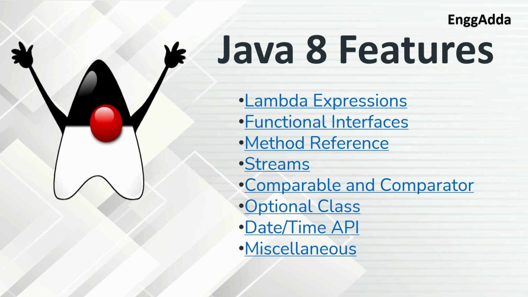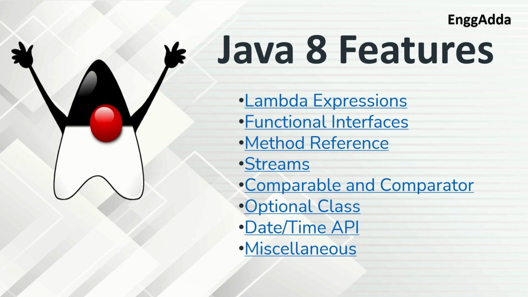Let me go to the next slide and explain each feature one by one in brief. These are the features that we have listed out here: Lambda expression, functional interfaces, method reference, stream API, comparable and comparators, optional class, date and time API, and some miscellaneous features.